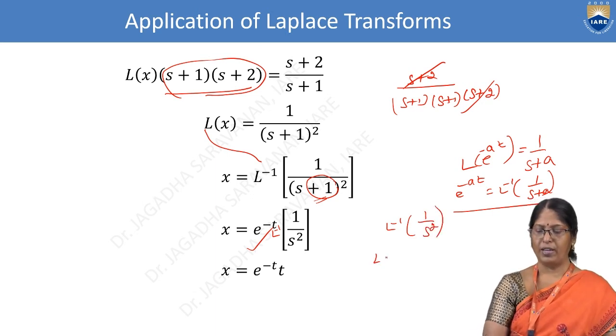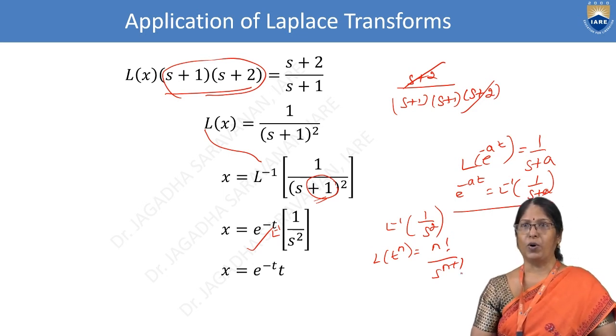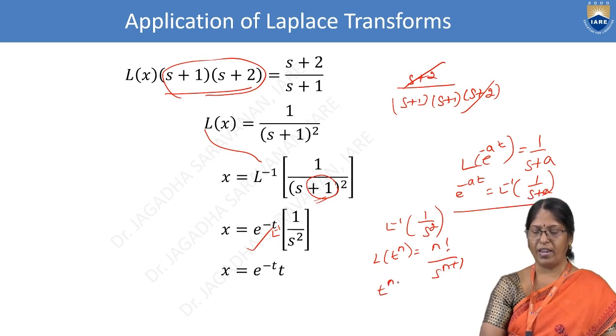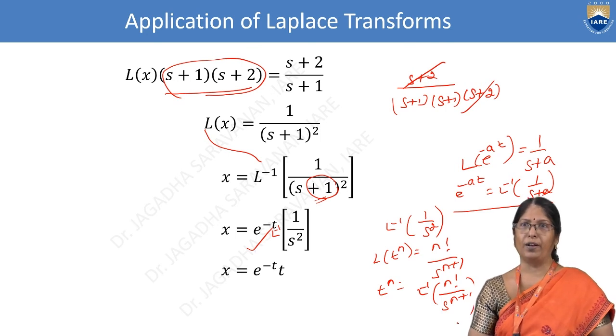Immediate formula, L of t power n is nothing but n factorial by s power n plus 1. That is, t power n equal to L inverse of n factorial by s power n plus 1.